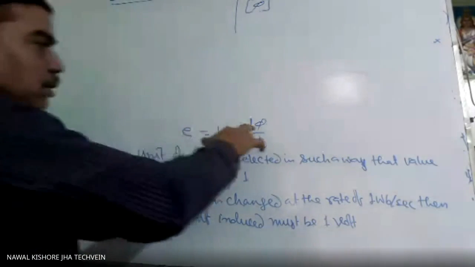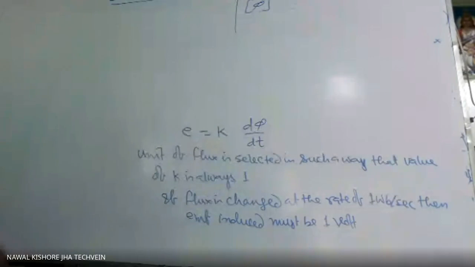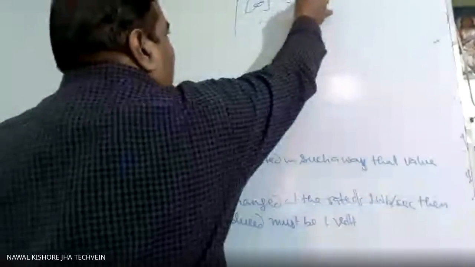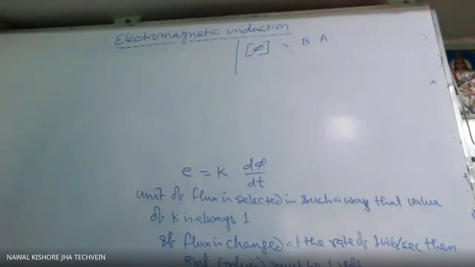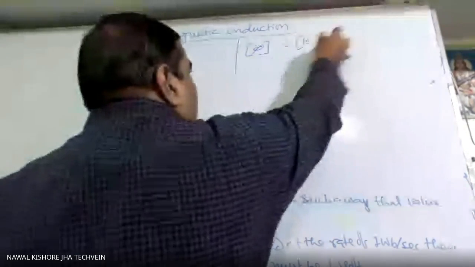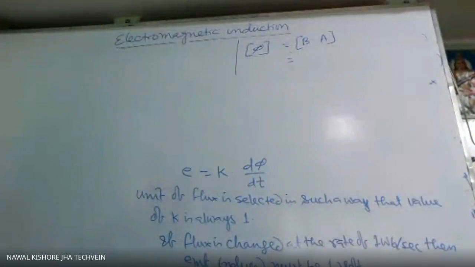Flux is B into A, and magnetic field intensity we know. What was the dimension of magnetic field intensity? I think we have done it, so from there you can calculate yourself.